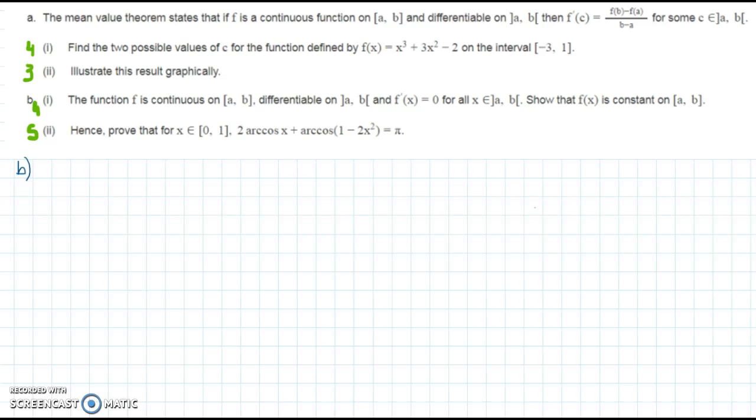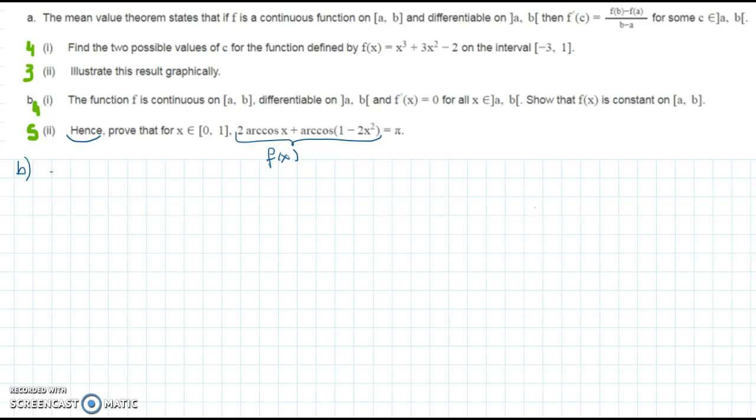So in part B1, we showed that under some conditions we can prove that the function is constant, and then for part B2 that says hence, so use part 1, we have to prove that the function is constant. Let me call this function over here f of x, and we have to prove that the function is constant on the interval 0, 1, and it takes the value pi on that interval.